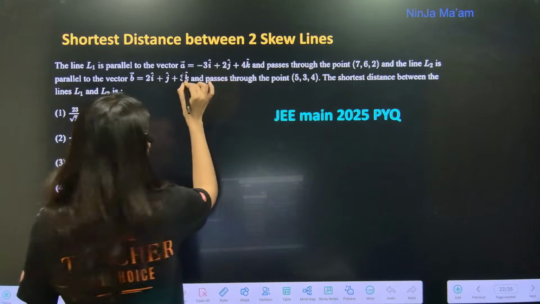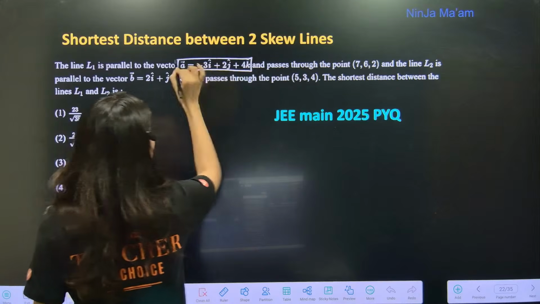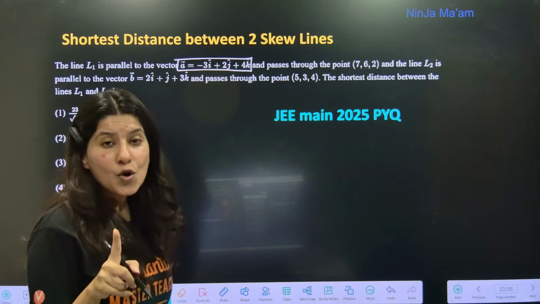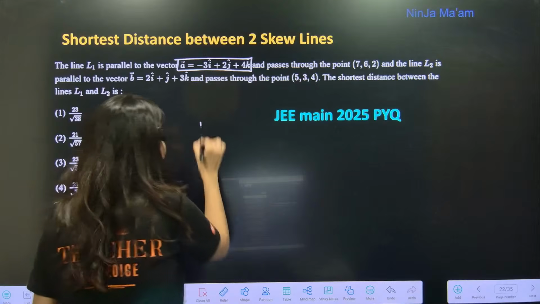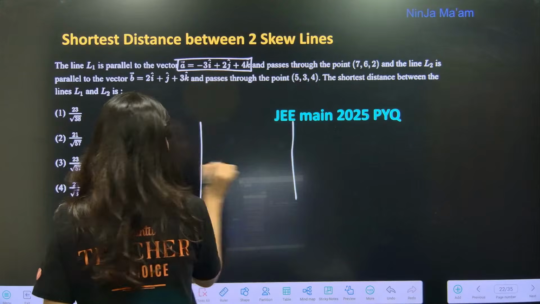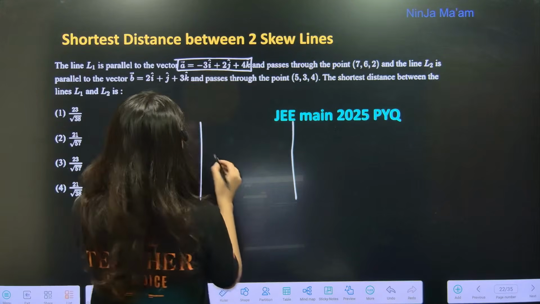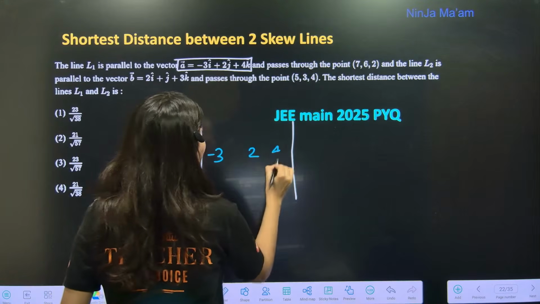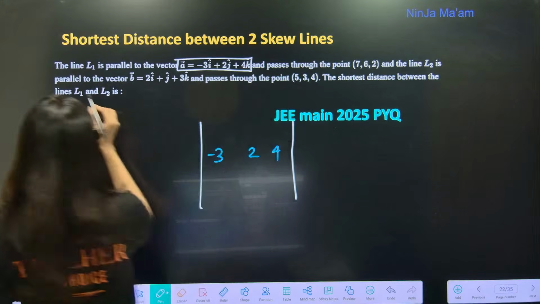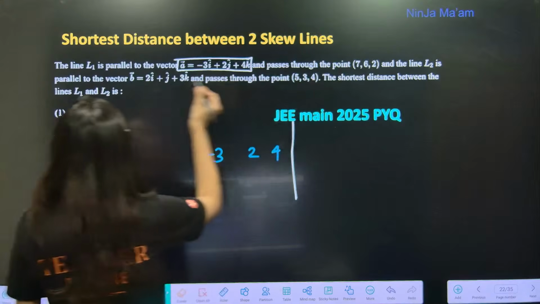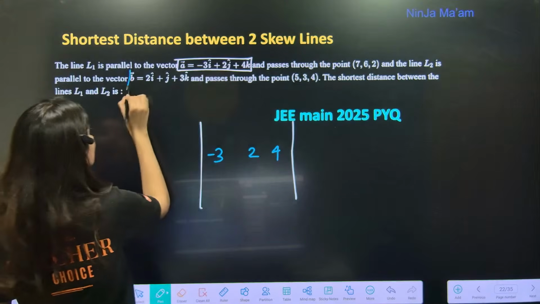Line L1 is parallel to this vector. That means the direction ratio of the first line is given to you. So the DR of the first line is 2, -3, 2 and 4. And the second line L2 is parallel to this.